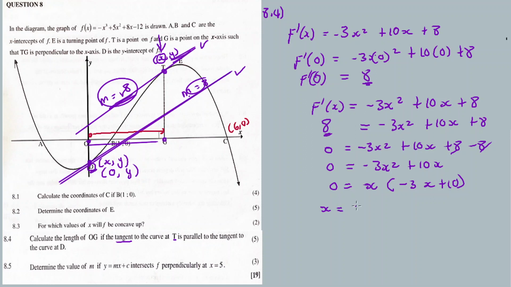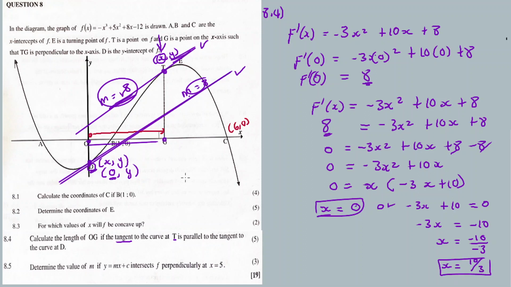Therefore x is equal to 0, which is the x value we already have for D. Or x is, in fact, negative 3x plus 10 is equal to 0. Go about minus 3x equal to minus 10. So x is equal to minus 10 over negative 3. So x is equal to 10 over 3.